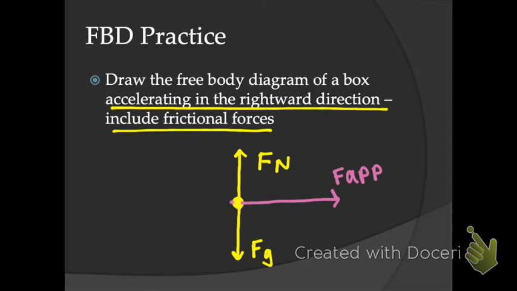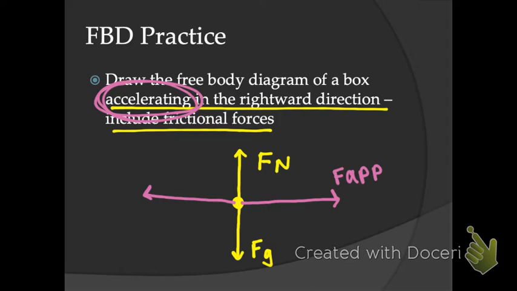No. And why not? It's accelerating in the rightward direction, which means my applied force is enough to overcome friction and keep it moving faster. If friction and applied were equal to each other, it would be moving at constant speed, or it wouldn't be moving at all.